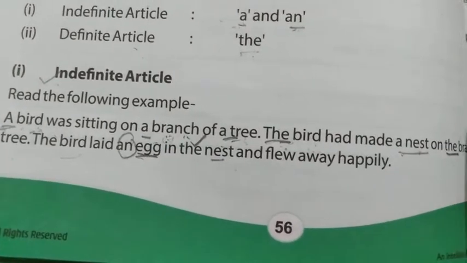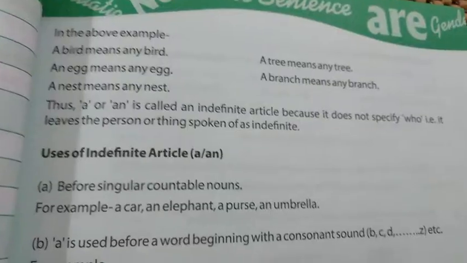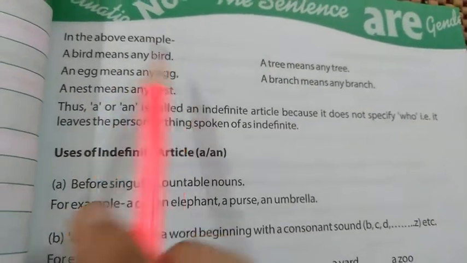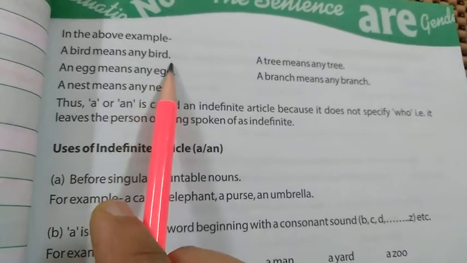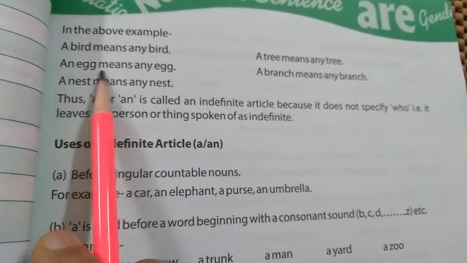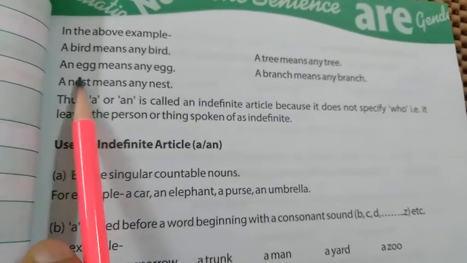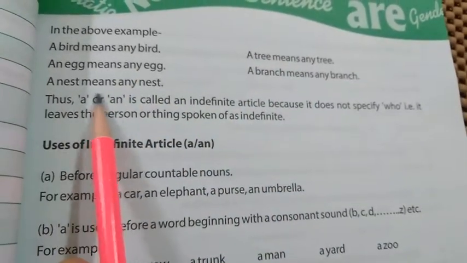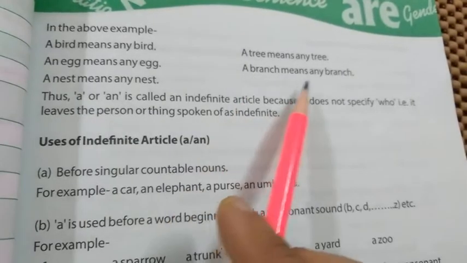Okay, now let's come to this. A few examples are given here. Let's see. In the above example, a bird means any bird. Okay, an egg means any egg, like I have already explained. A tree means any tree. A nest means any nest. A branch means any branch.